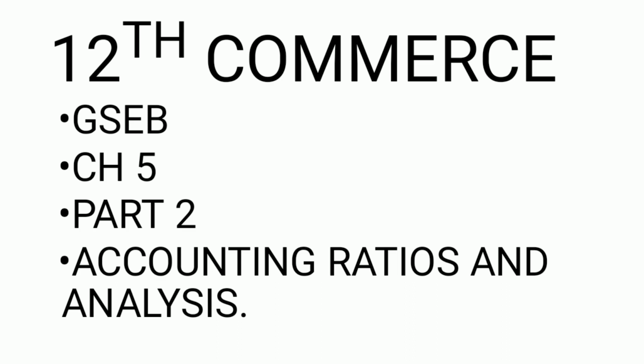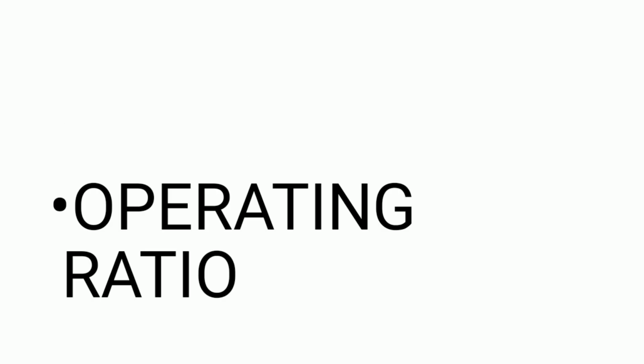We have done illustrations 1, 2, 3 and also 4th, and question number 4 consisting of 3 sums from the exercise. In today's lecture, we are going to start with the second profitability ratio, which is operating ratio.